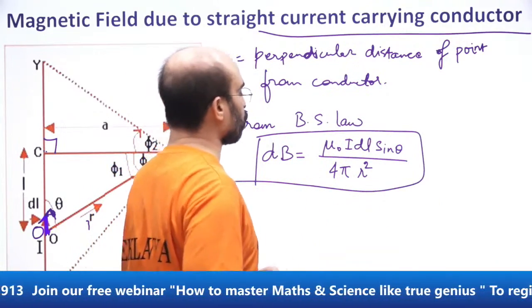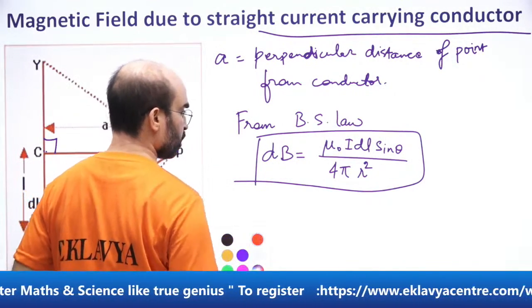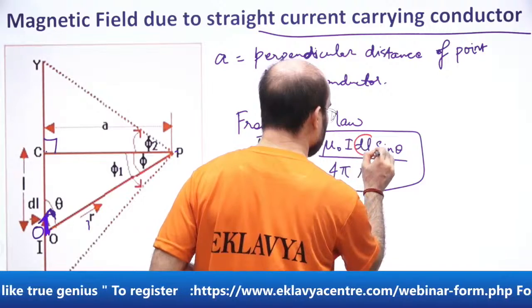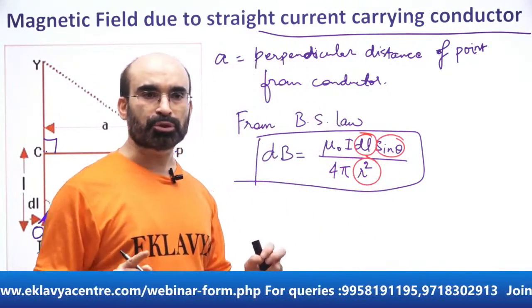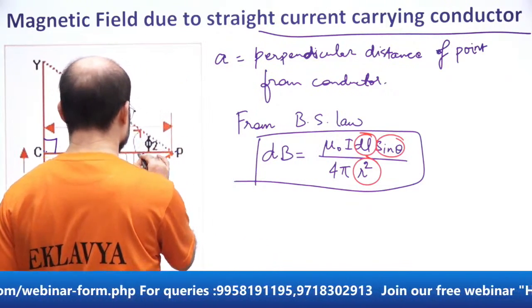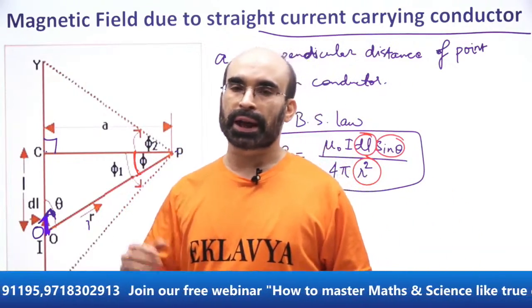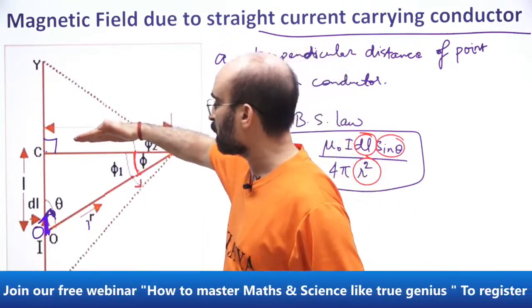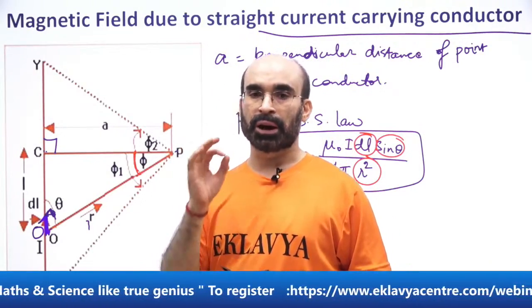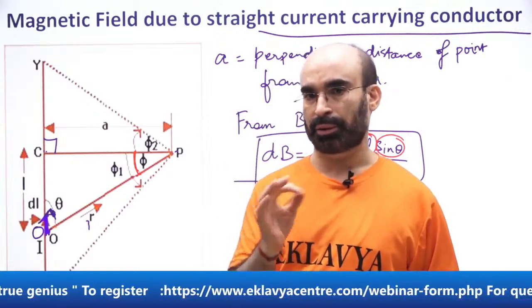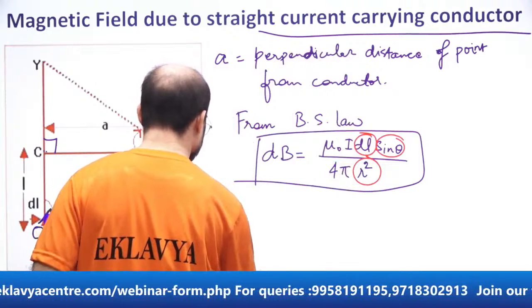Now what we will do is substitute the values of these in terms of this angle phi. What is phi? Phi is the angle made by this perpendicular distance with this r. So this we need to understand very carefully.